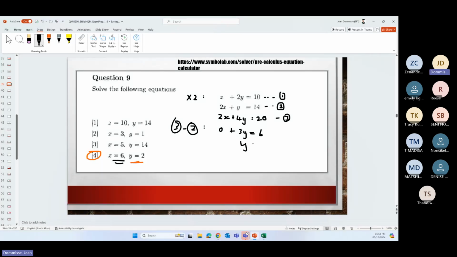So by that way, y is equal to 2. And if I put y is equal to 2 in any one of those, I will get x is equal to 6, which will give you again the same answer as the previous one.